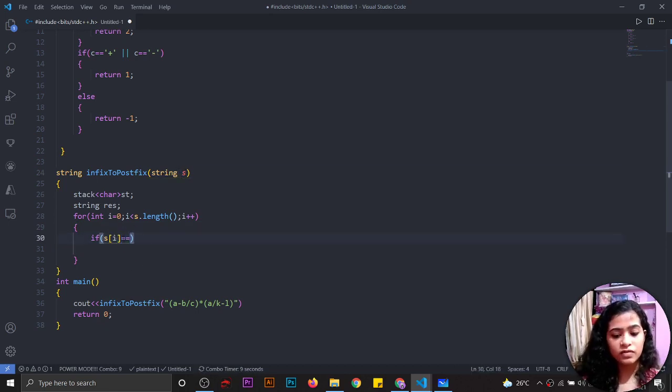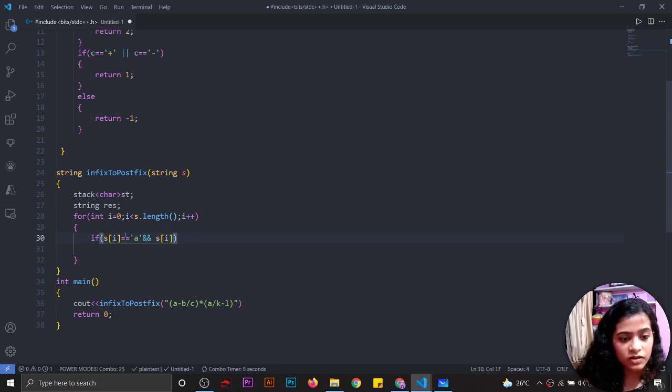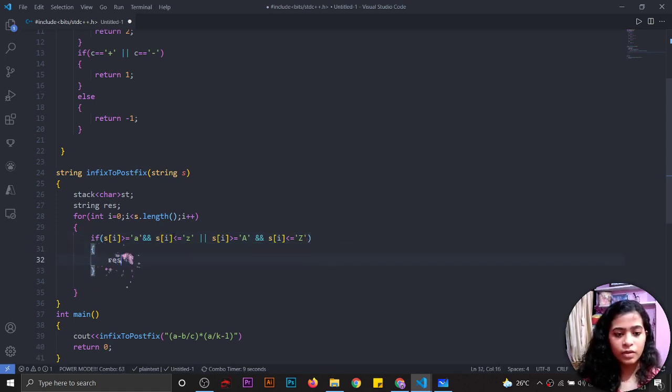If s of I is greater than equal to a and s of I is less than equal to z, or s of I is greater than equal to capital A and s of I is less than equal to capital Z, then we will push it into the answer because they are the operands. Result plus s of I.